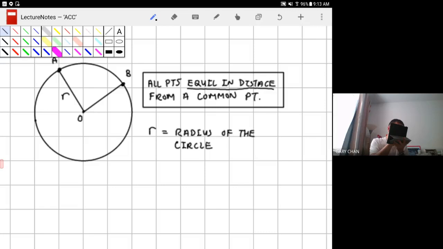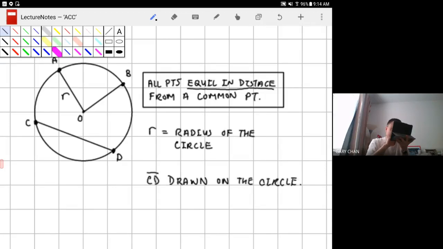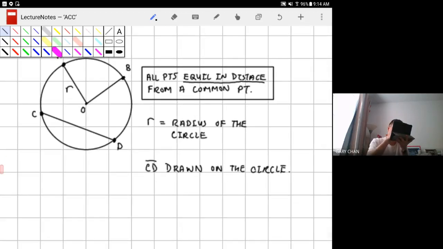We can also talk about distances going from one point on the circle to another, which here I'm going to call C and D. So the length of CD, drawn on the circle, is what we call a chord.